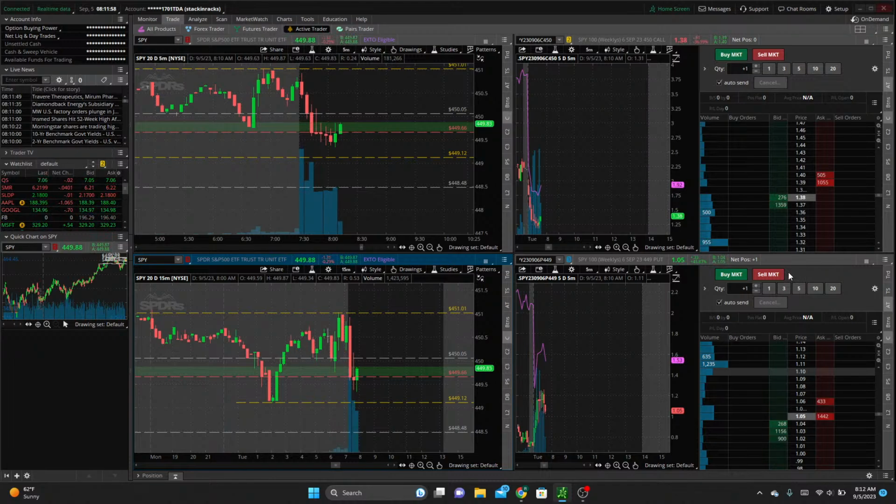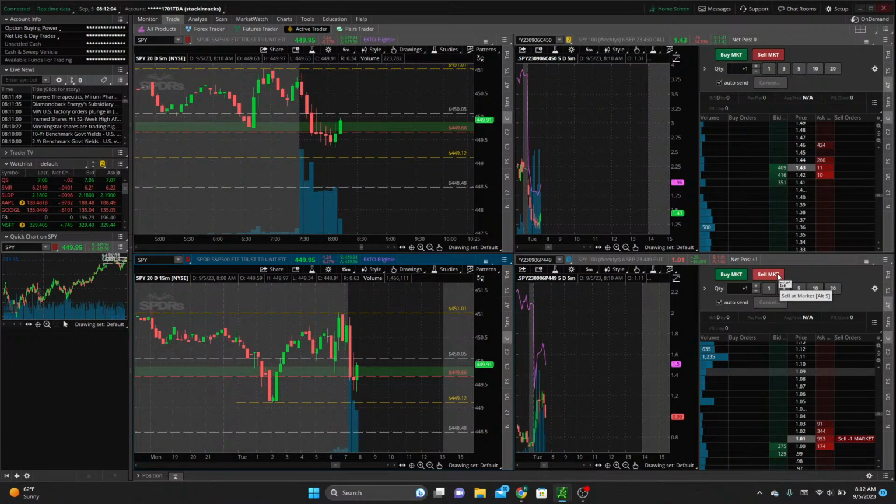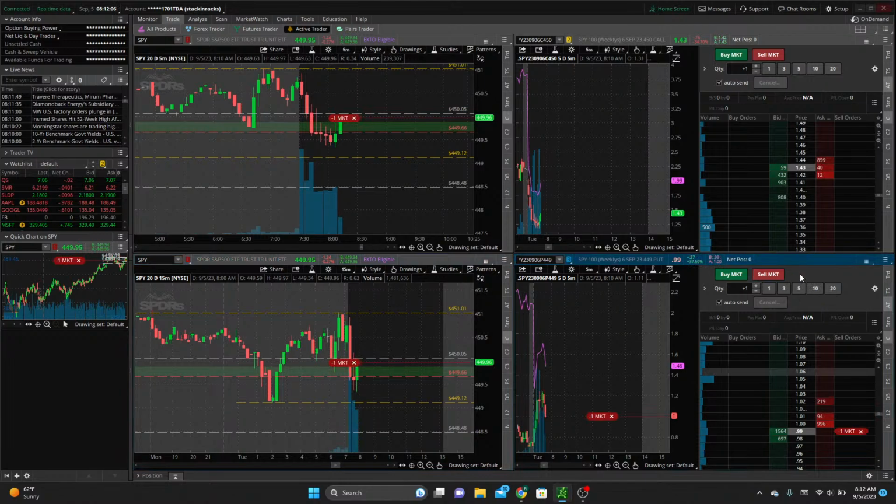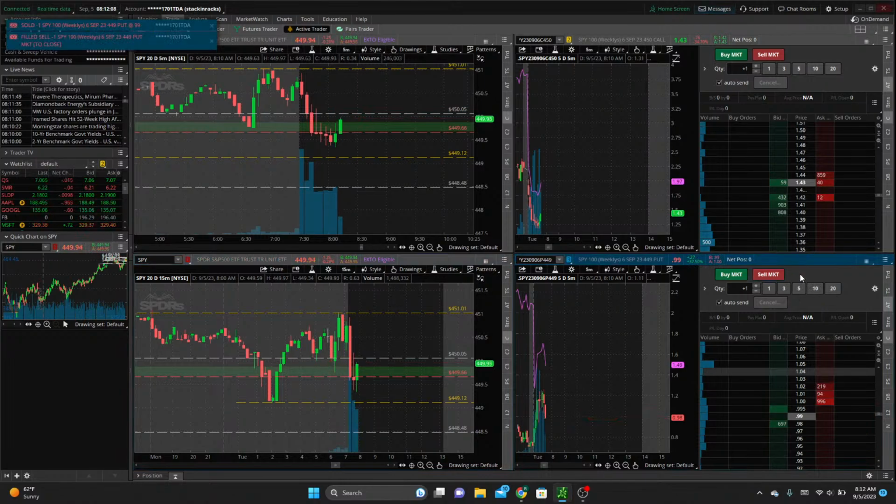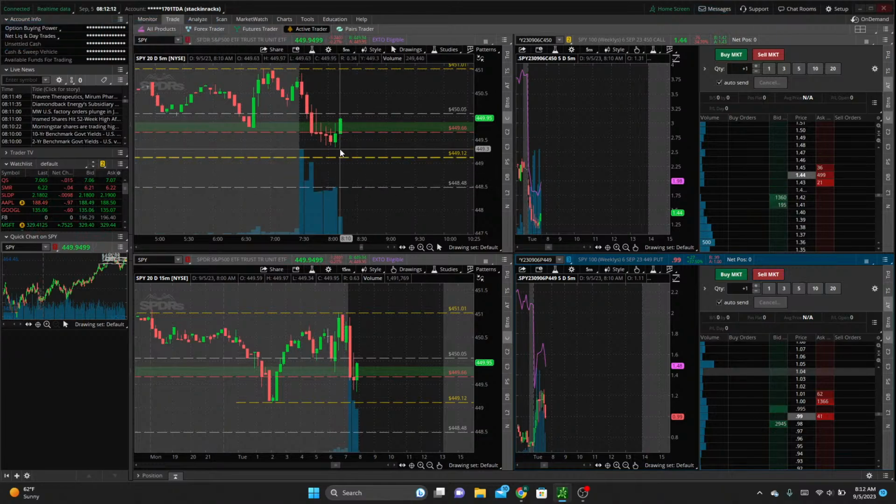We're getting awfully close here to where I want to get out. So if we don't pull back right here, yep, I'm out. That's unfortunate. Not a great trade.